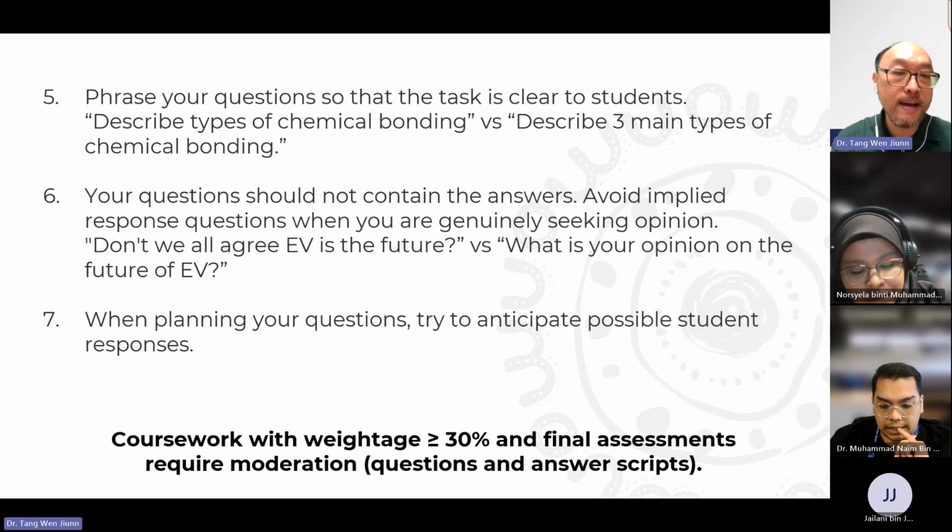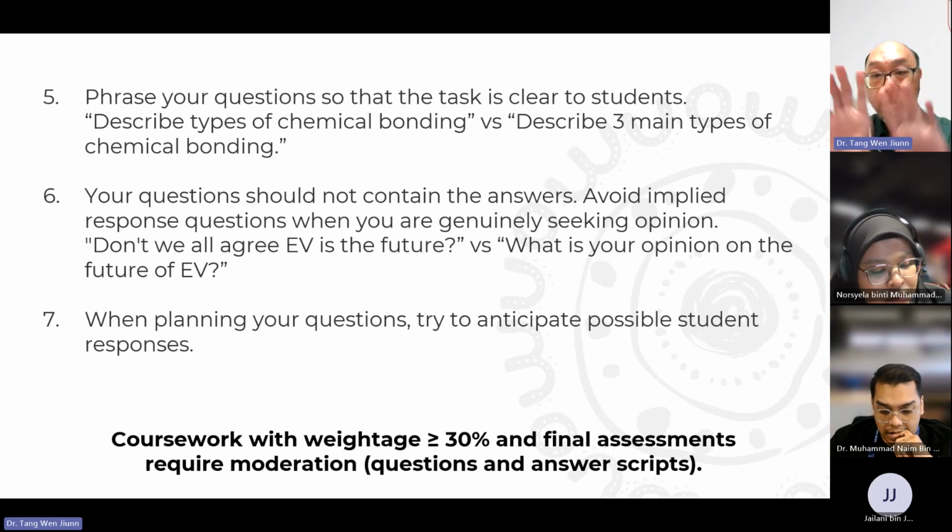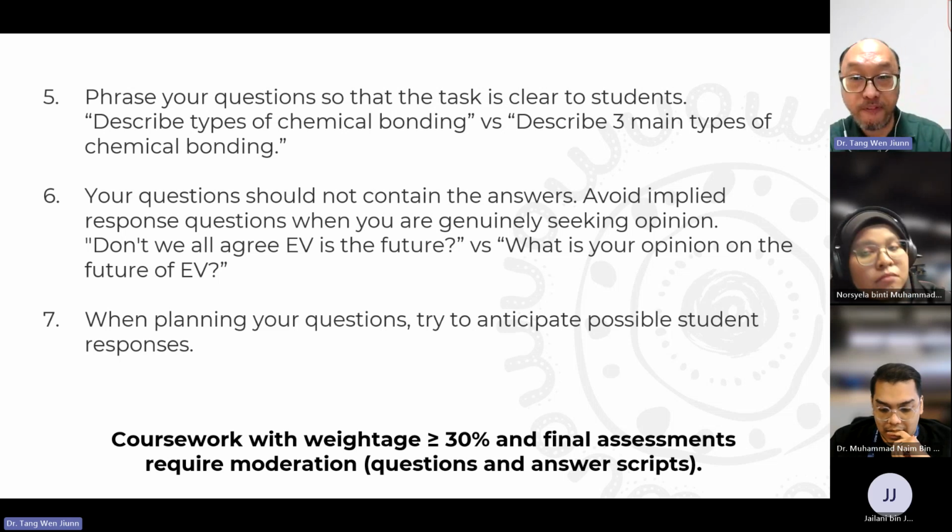So the last part here, anticipate possible students' responses. First is to check whether that is what we want. Do we want students to have only one answer or several answers? If the question will lead to several answers, maybe we want to rephrase.